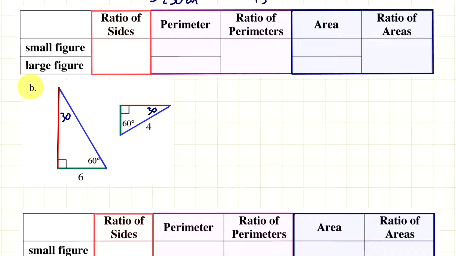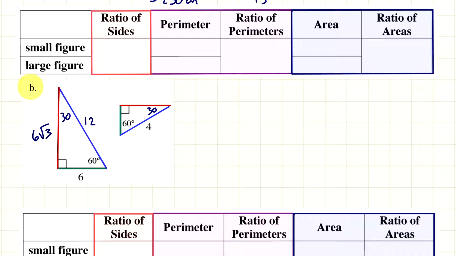Since I know the short leg of this triangle is 6, right away that tells me that the hypotenuse is going to be twice as big. So I know this is going to be 12. And I know the long leg is going to be 6 times the square root of 3. So that's what I know on this one.